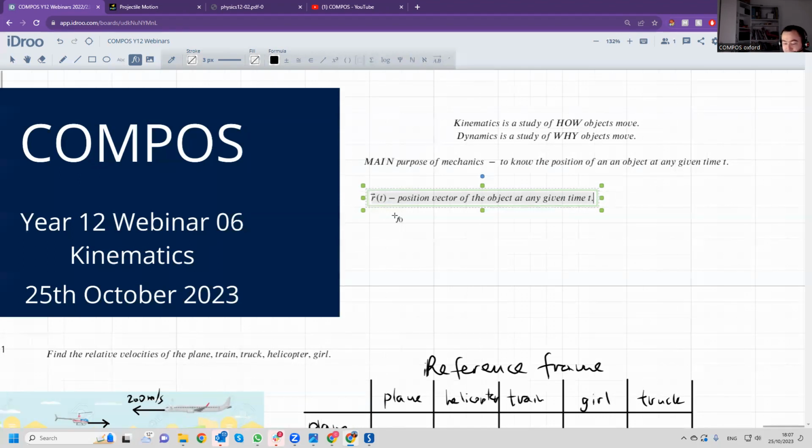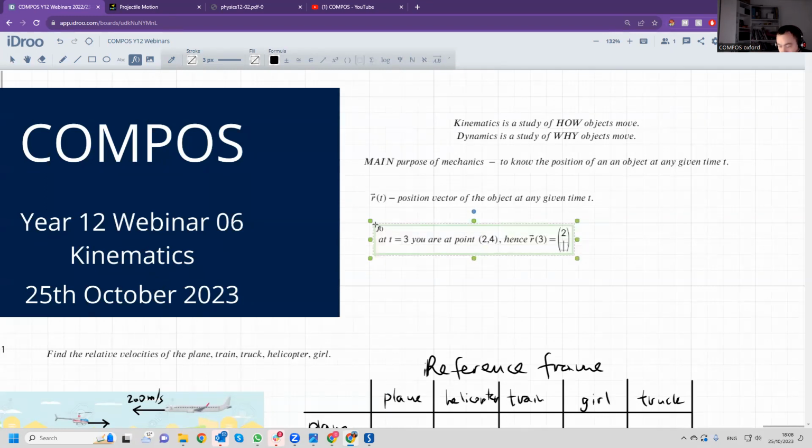Anyways, the position at any given time t. So, for example, at t equals 3, you are at point 2, 4. Yes, so in 2 dimensions. So you can write, hence, r of 3, at time equals 3, your position vector is 2, 4.